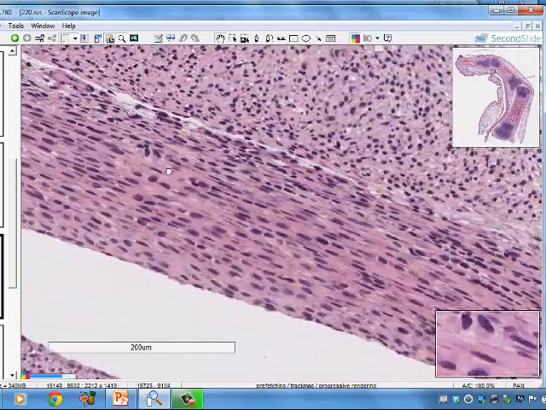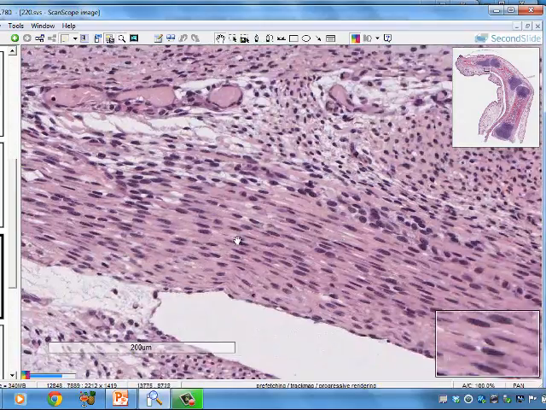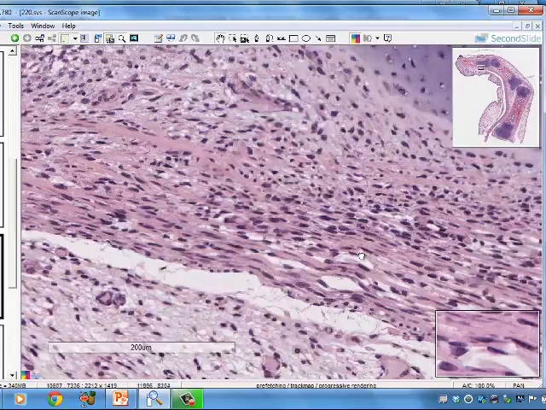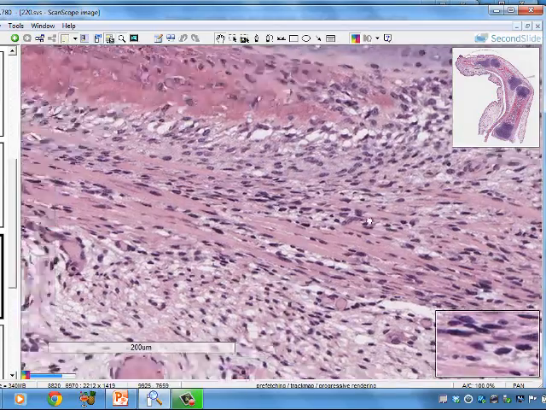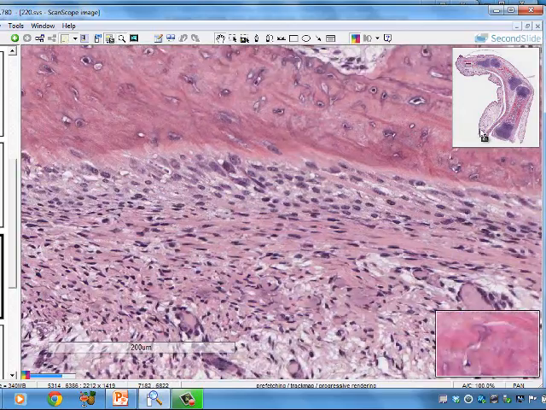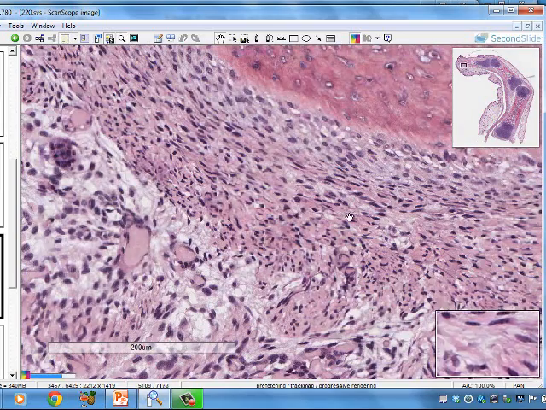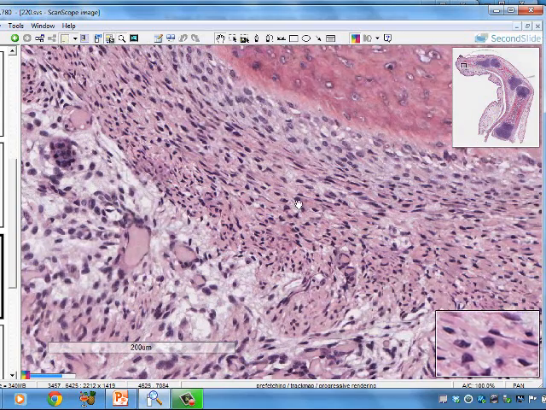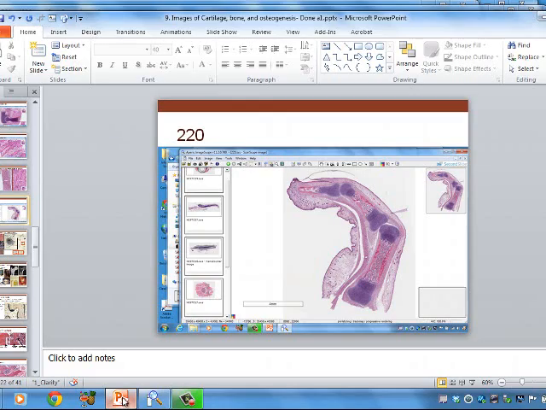So this is different from fibrocartilage. At the end of this tendon, you might start to pick up some fibrocartilage. Actually, I don't see any here, but sometimes you can. We saw it on the previous slide. So that's what we're seeing.